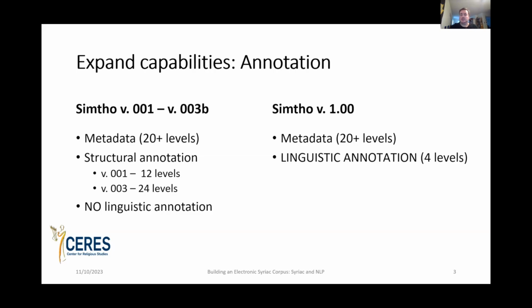As you've seen in the presentation by Michael, we've increased both, especially the structural annotation, which has increased almost twofold since the first version. But until now, we have provided almost no linguistic annotation, except for whatever was already in the text. So this is the primary focus of work on the first version of Simtho. So far, we have been at version 0.0.3. Now we're moving to version 1.0.